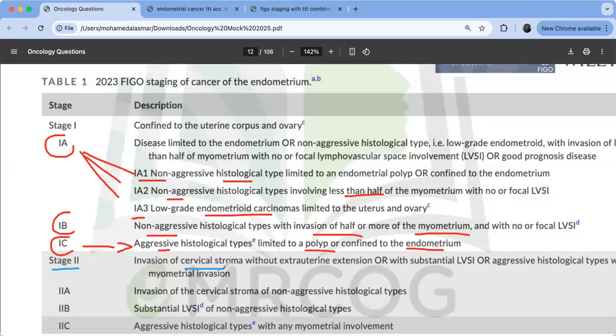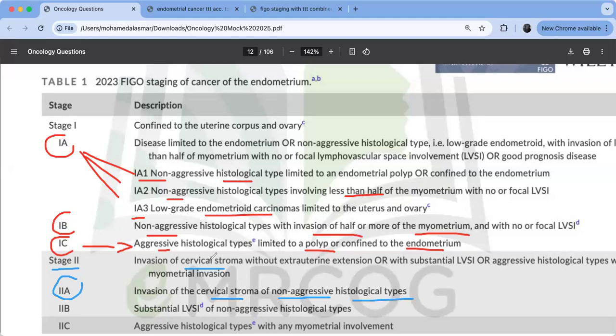Nowadays, in the new staging, we have 2A, 2B, 2C. 2A is invasion of the cervical stroma, but of a non-aggressive histological type. So remember, A is always the kind man here. Good behavior tumor.